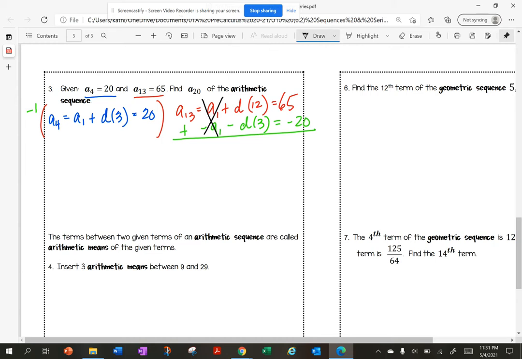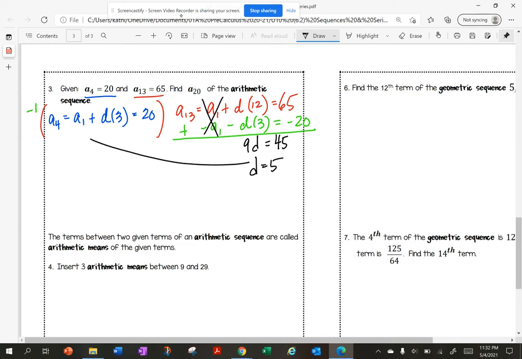So I have 12d plus -3d, which is 9d, equals 45. I'm going to divide both sides by 9, so I get d equals 5. Now I can substitute d equals 5 into either of my original equations.